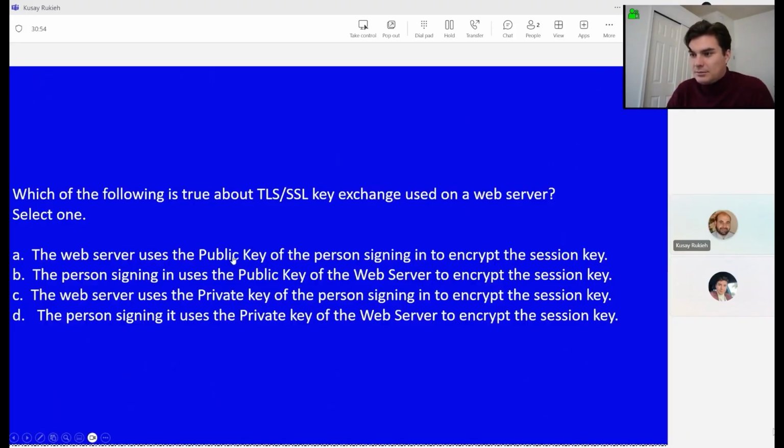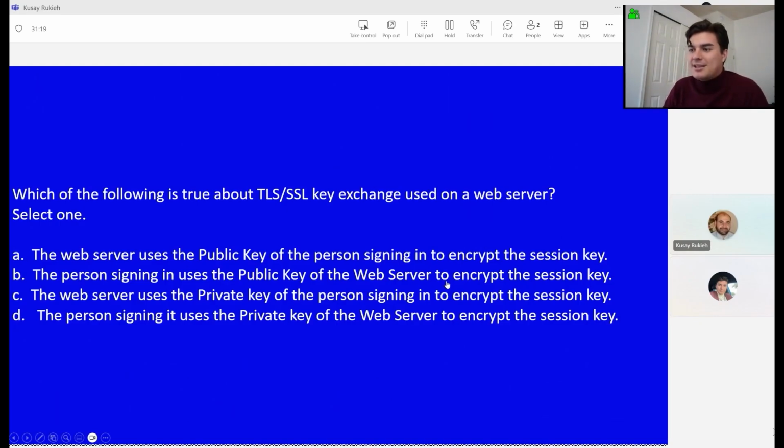Bank of America, right? So the person signing in uses the public key of Bank of America, but I generate a session key, I love Bank of America, and I encrypt it using that public key. Who's the only person in that world who can open that message? Only the person that holds the private key that can decrypt it, which would be Bank of America.